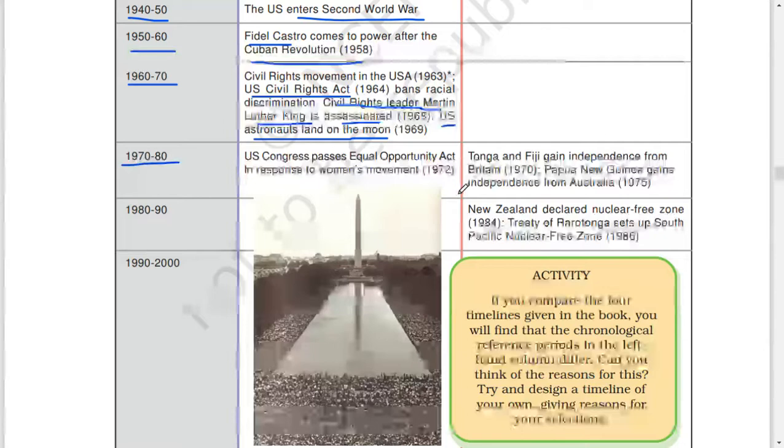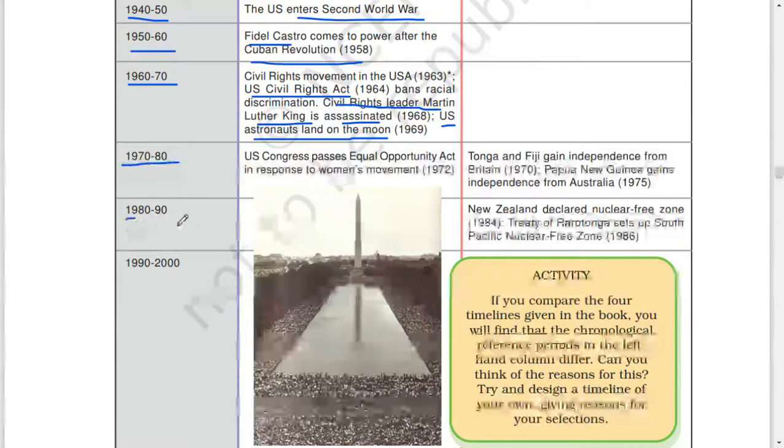Tonga and Fiji gain independence from Britain, 1970. Papua New Guinea gains independence from Australia, 1975. 1980 to 1990, New Zealand declared nuclear free zone, 1984. Treaty of Rarotonga sets up South Pacific Nuclear Free Zone, 1986.